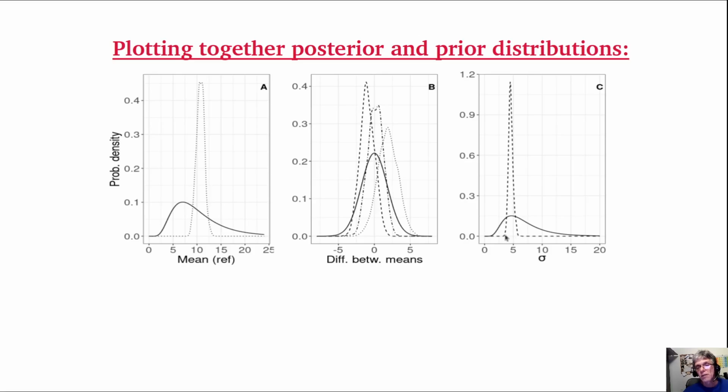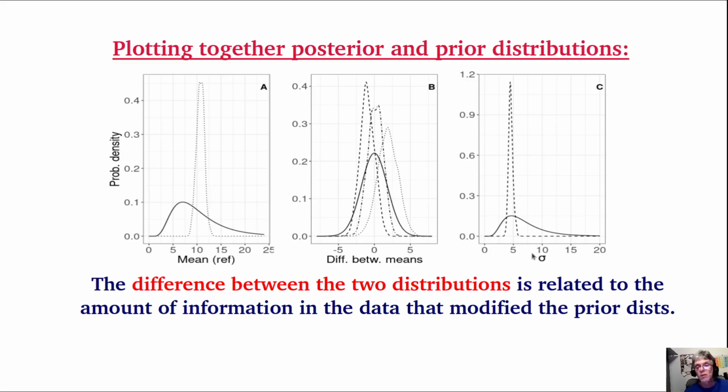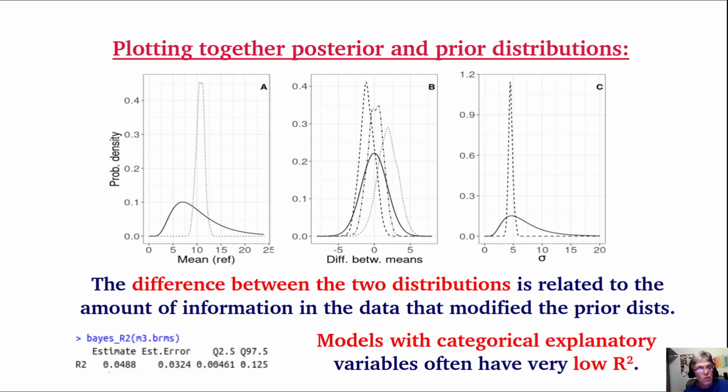And also very dramatically we see the same thing regarding the standard deviation of the response variable. So the difference between the 2 distributions is related to the amount of information in the data that modified the prior distributions. We also obtain the Bayesian R-square, which is pretty low, and its 95% credible interval.